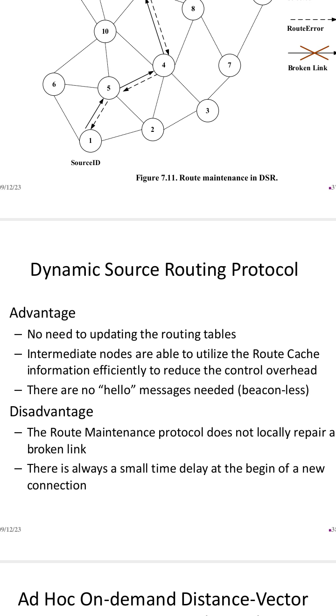The intermediate nodes maintain temporary, frequently used information, and by using this stored information we can reduce the overhead. Also, there are no hello packets or beacon packets. So these are the three advantages of the dynamic source routing protocol.